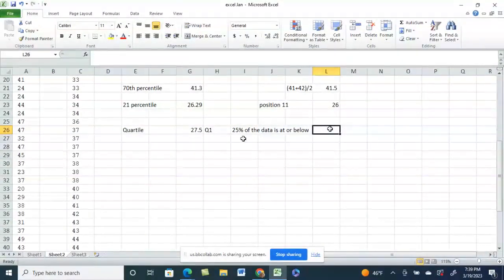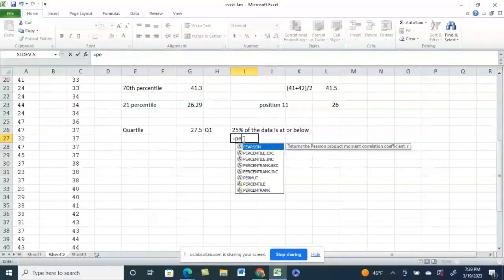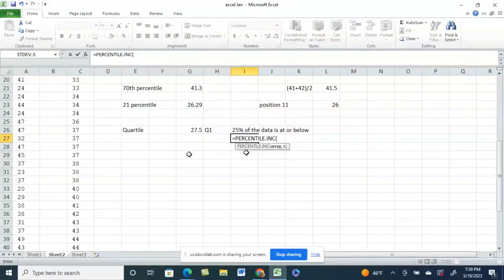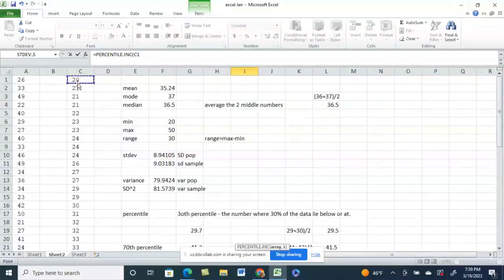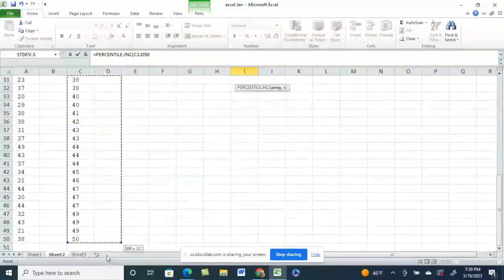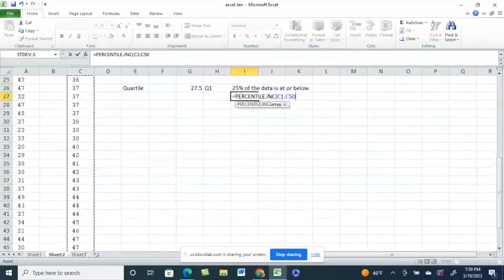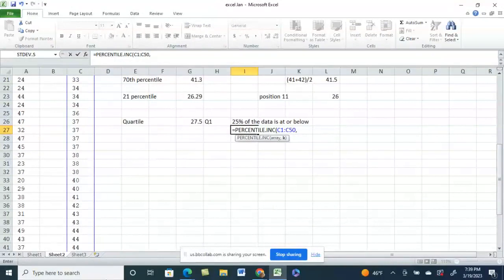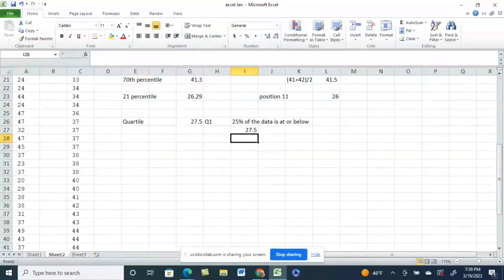But you could also use equal percentile inclusive, and then just do 25% or 0.25. So take your data and do comma 0.25, and you get the same answer. You get 27.5. So again, the formula for quartile is use number 1 for the first quartile.